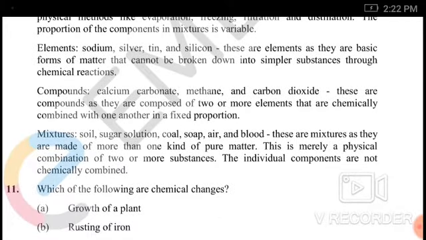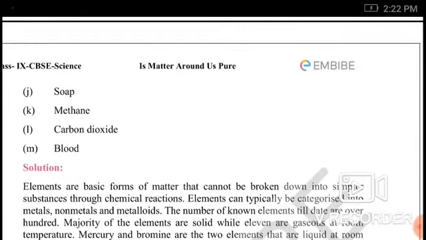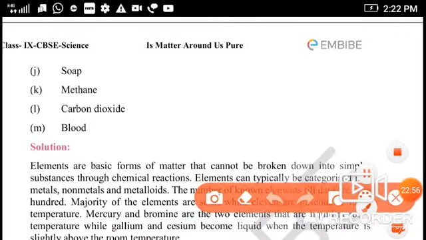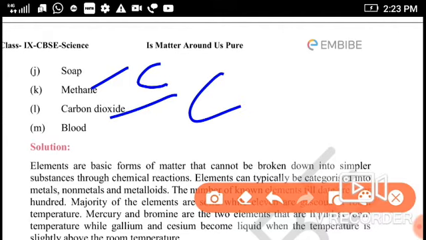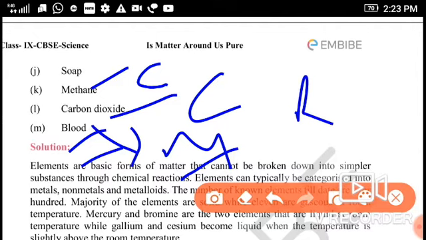Yes, coal is a mixture. Now soap is also a mixture. Methane is a compound. Carbon dioxide is a compound, and blood is a mixture because blood has RBC, WBC and platelets, but not in a definite ratio.